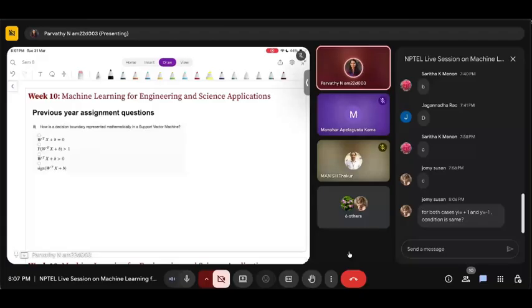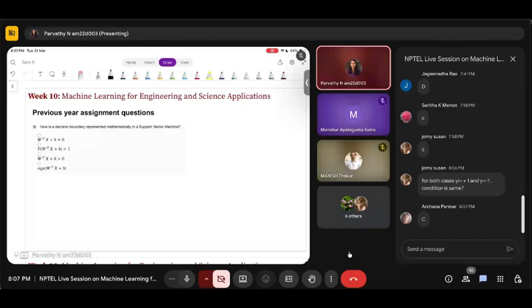Sign of W transpose x plus b. I will tell why the condition is the same.